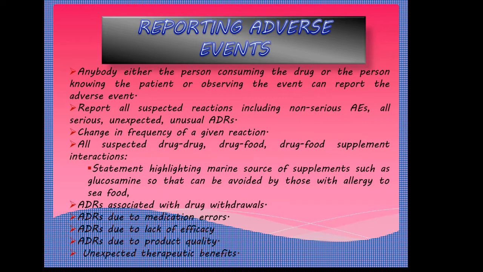So in that sense, it is important to report everything to the pharmacovigilance safety department, so that the proper reason for that particular adverse event can be identified, whether it is due to the drug, or due to some other comorbid conditions, or some family reasons.